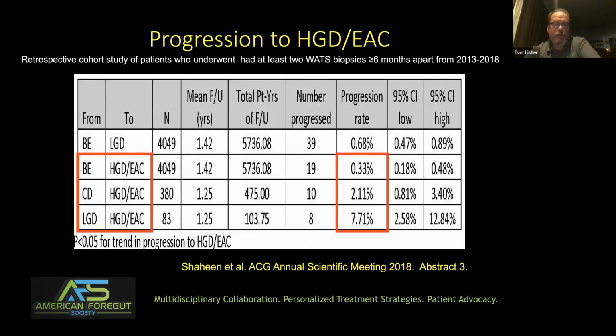And then the low-grade dysplasia to high-grade dysplasia or cancer was 7.71% in this study. So when you get a crypt dysplasia diagnosis back, it is something you need to pay attention to, and you need to survey those patients more aggressively or even ablate them to get rid of that risk of cancer.